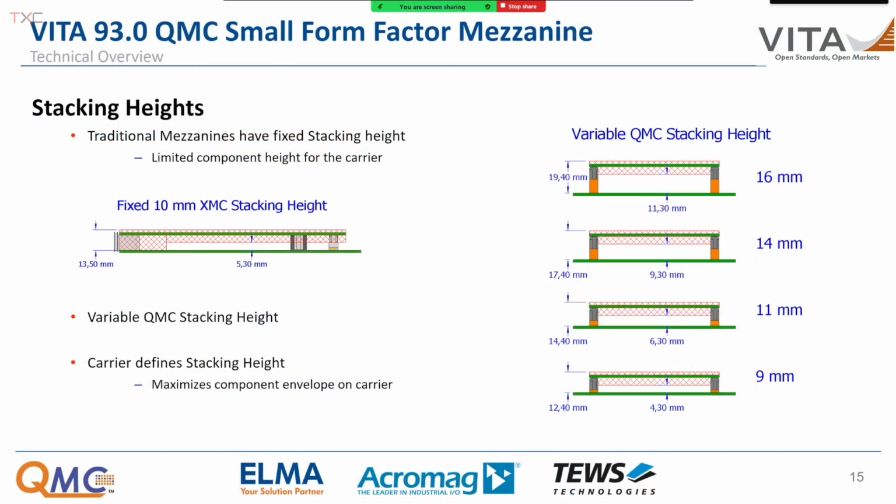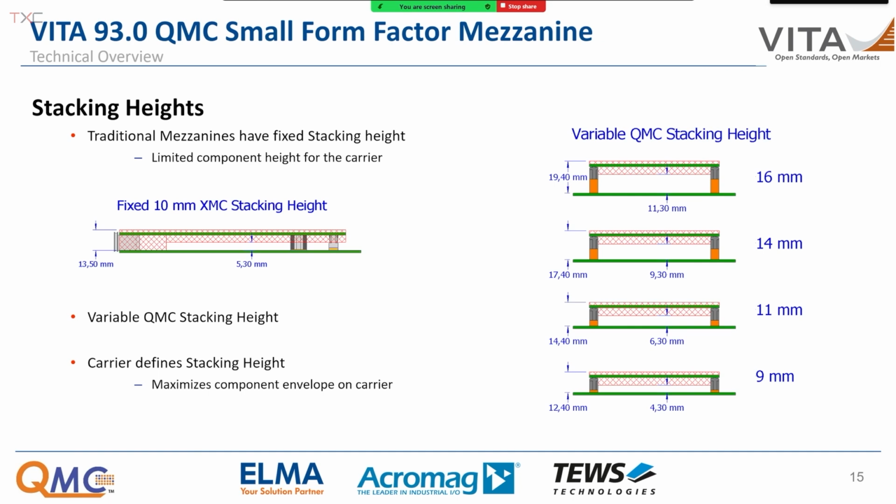Last but not least, we have the stacking heights, where you all know traditional mezzanine cards come with a fixed stacking height, often forced by the fact that the mezzanine provides the mounting hardware. That works really well for systems that match the fixed stacking height, but is a kind of drawback for systems that would allow more stacking height.